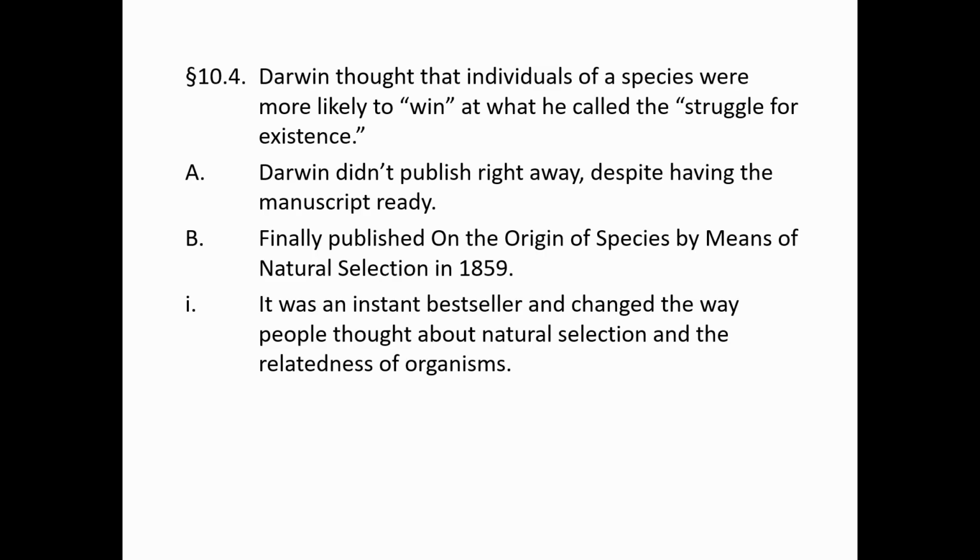It wasn't until 1859, years later, that he finally published his book On the Origin of Species by Means of Natural Selection, although most people may know it simply as On the Origin of Species. It was an instant bestseller. It did very, very well and changed the way a lot of people thought about how organisms were related and changed over time.